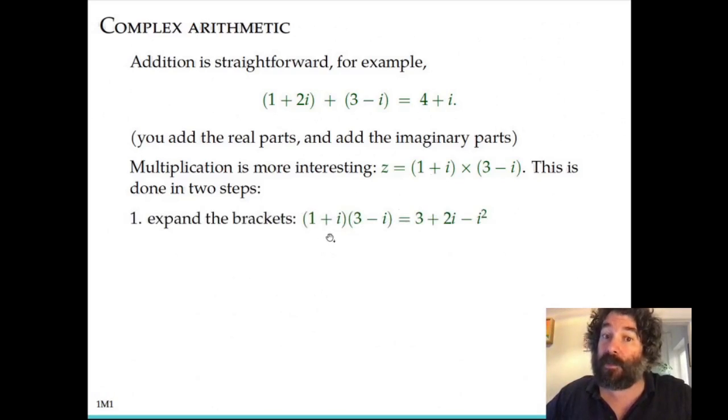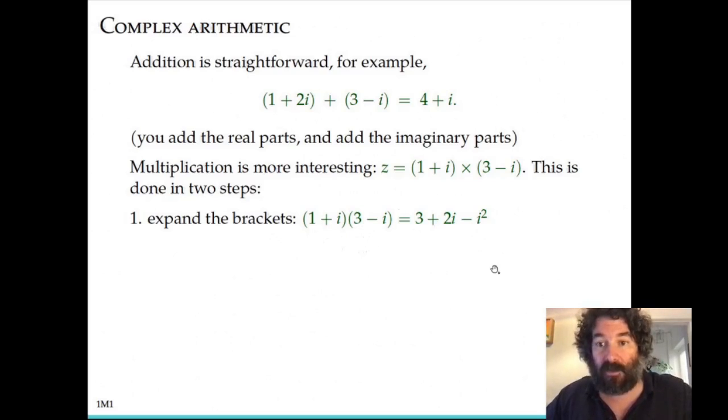Suppose we want to compute 1 plus i times 3 minus i. So first of all, we multiply this out using the distributive law. So we have 1 times 3 is 3. And then we would have 3 times i minus 1 times i. So that's 2i. And then we would have i times -i, -i squared.